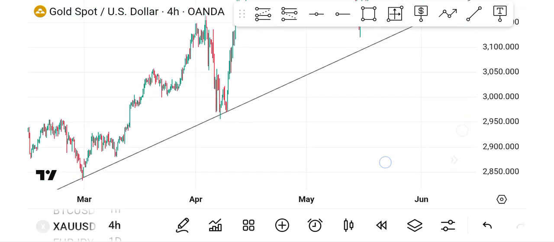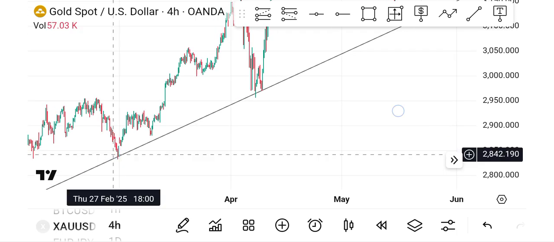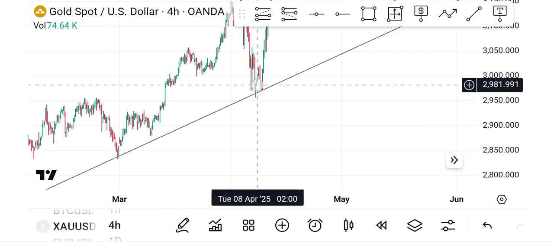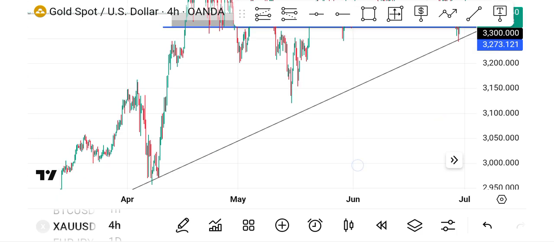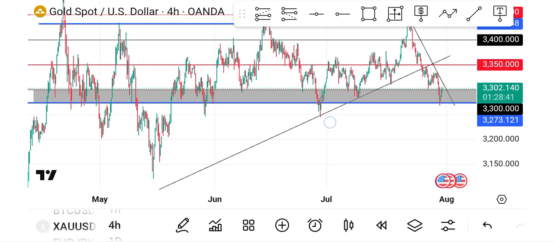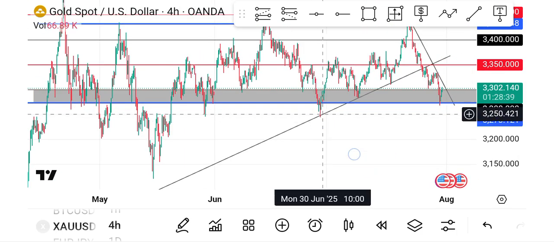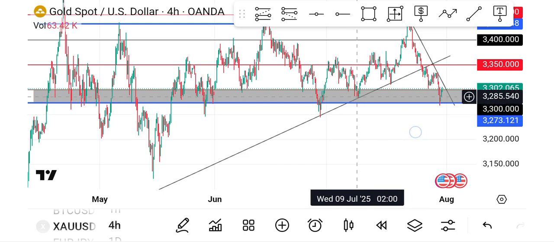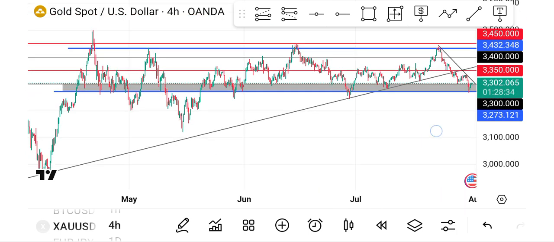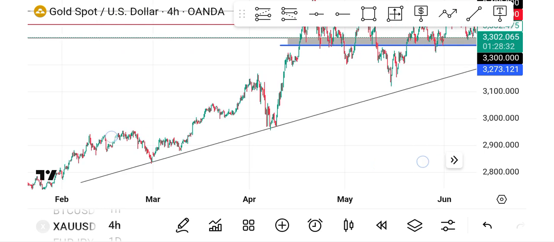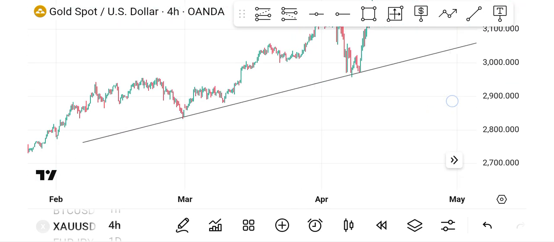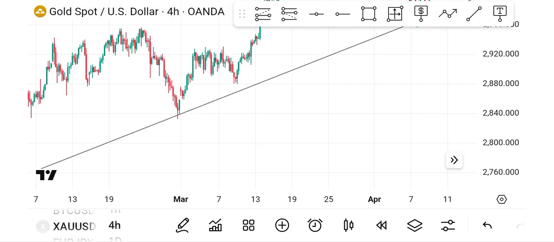So you can see I had the first touch right here, I had a second touch right here, and I had a third one right here, the third one, I had another one. So you can see trend lines, I don't usually use the body, I use the wicks to draw the trend line, not the body.